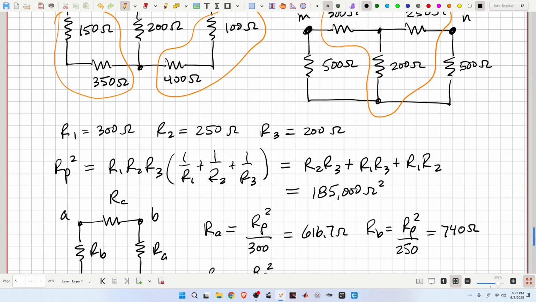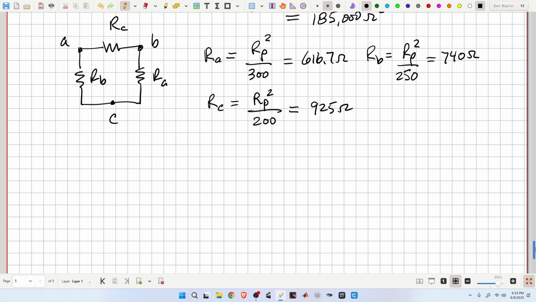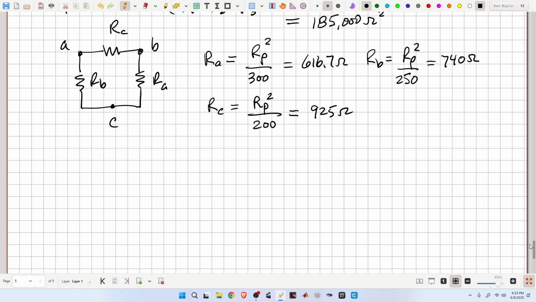Okay, so now we're going to plug this in and replace that and see what's going to happen there. Rb is going to go now in parallel with the 500, Ra in parallel with this 500, and then we'll have a single resistor across here. Okay, so this is what we end up with then. We make that replacement, and we've got our pi here.